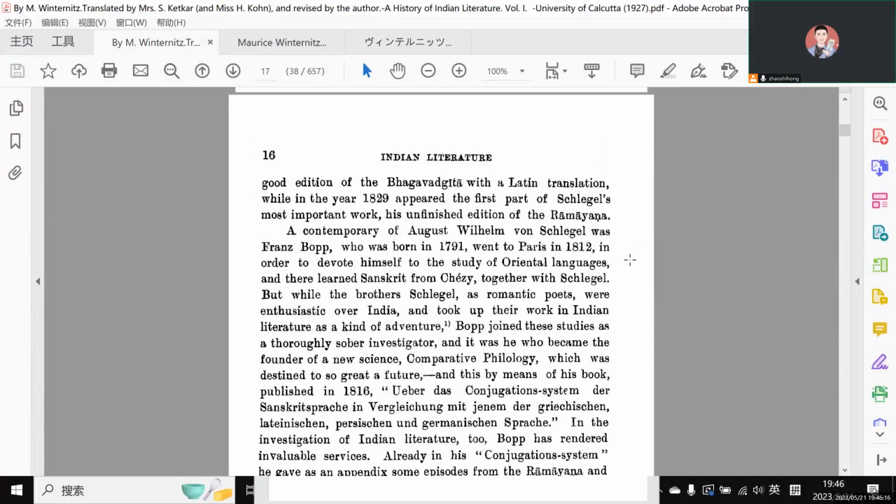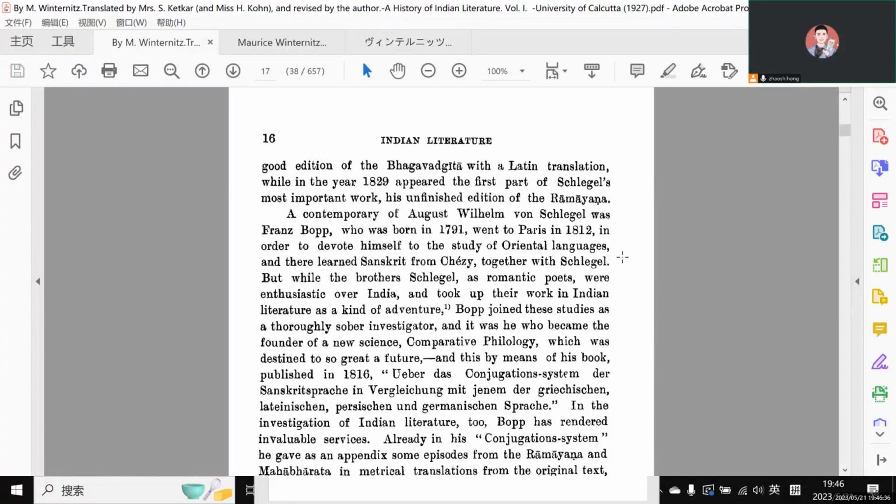And then we have many people. Yes, Franz Bopp, very important for linguistics, both for the research of Sanskrit and for comparative linguistics.